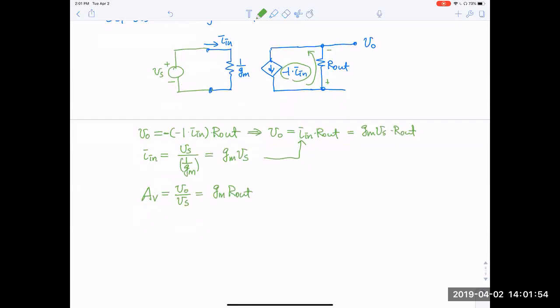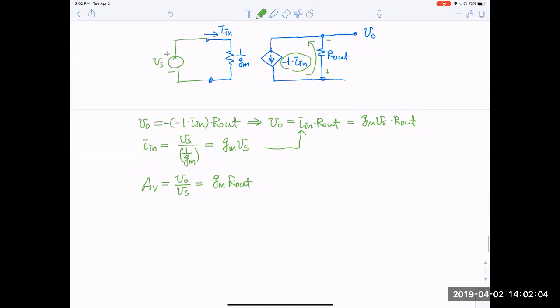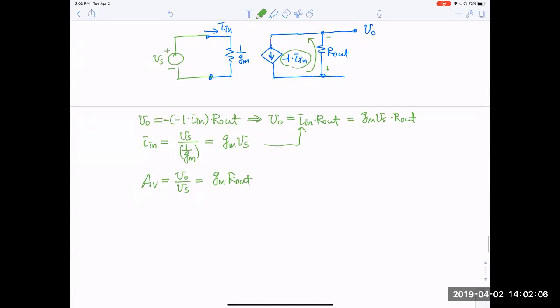Now it's interesting to compare this with the voltage gain of the common source amplifier. It has a similar form. So recall that for the common source amplifier, AV is equal to Gm times R out.